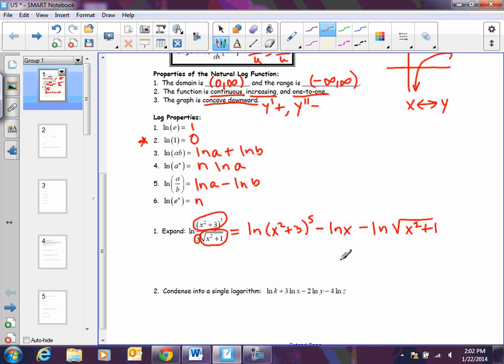Now, depending on what we're doing, this may be great. Although, I'm going to go ahead and tell you what we're doing next is taking the derivative. So I can break this down just a little bit further using the rule we had on number 4, which is taking the power and moving it to the coefficient.